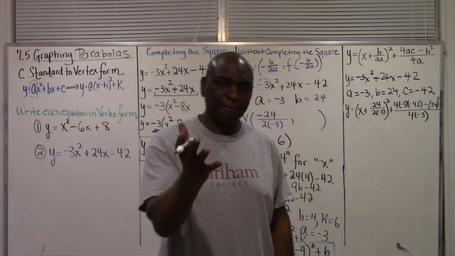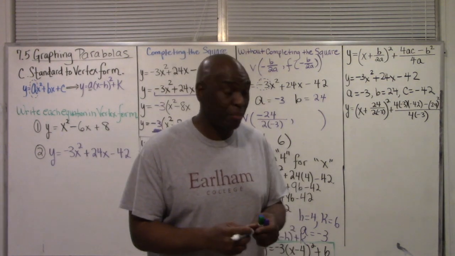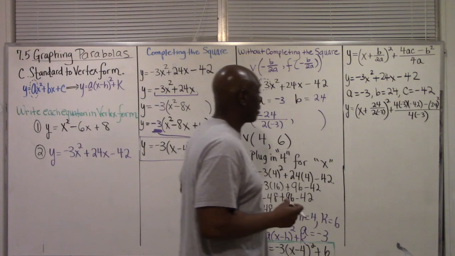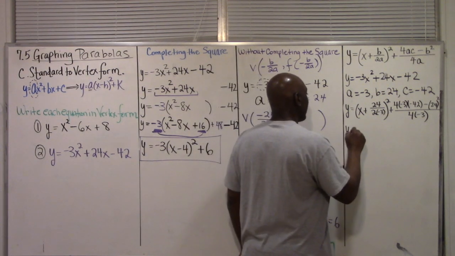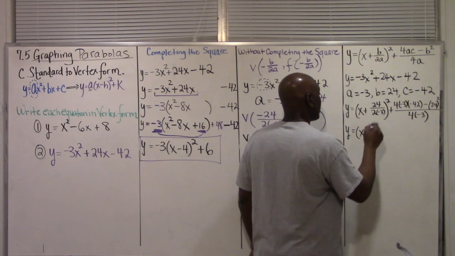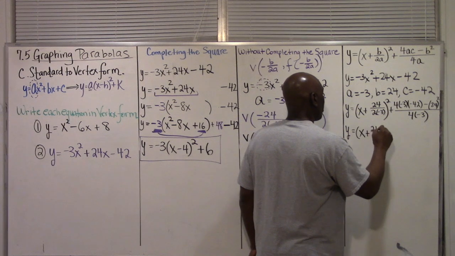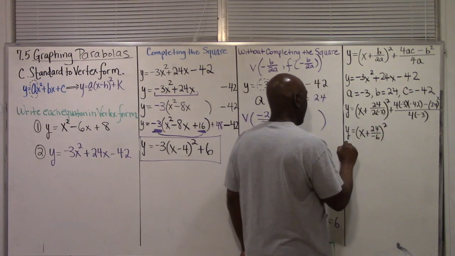Careful with your arithmetic. Use a calculator. In fact, I think I'm going to pick mine up. Some of this I can do without a calculator though. Let me see. y equals x plus 24 over negative 6 squared.